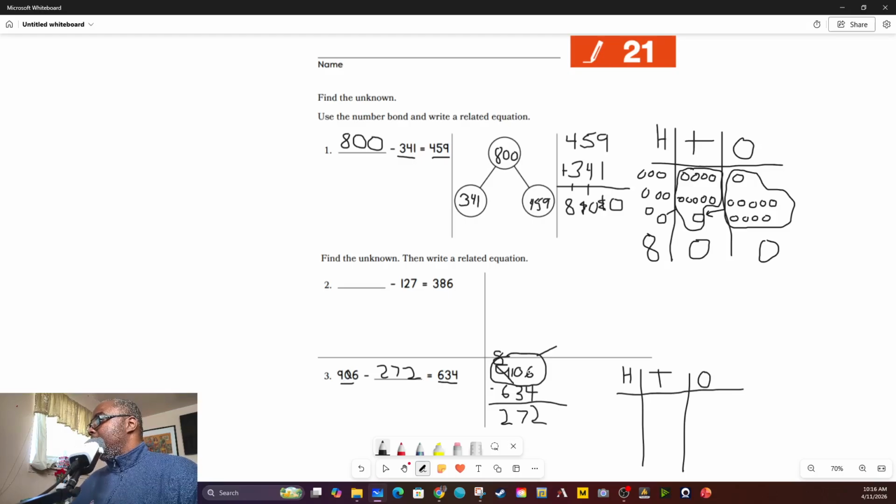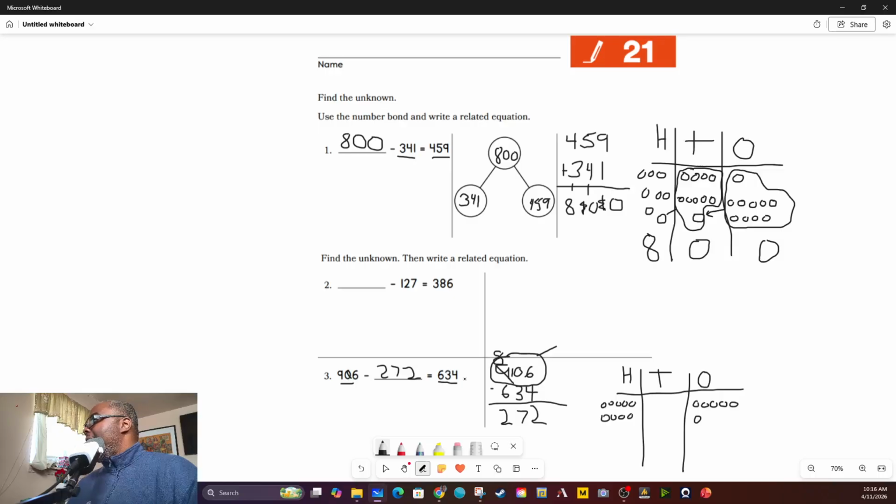And so 906, so I'm going to put 9 hundreds, 1, 2, 3, 4, 5, 6, 7, 8, 9. And then I have 0 tens, so I'm going to put nothing there. And then I have 6 ones, 1, 2, 3, 4, 5, 6.